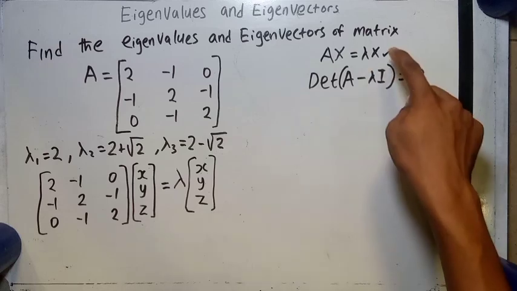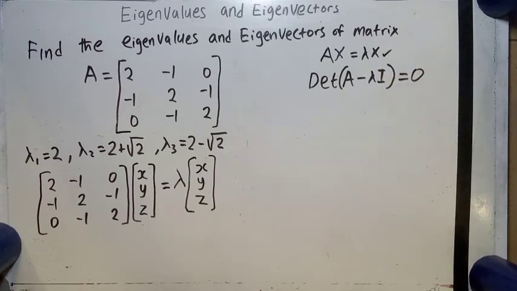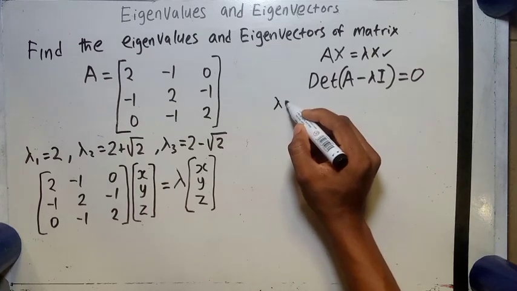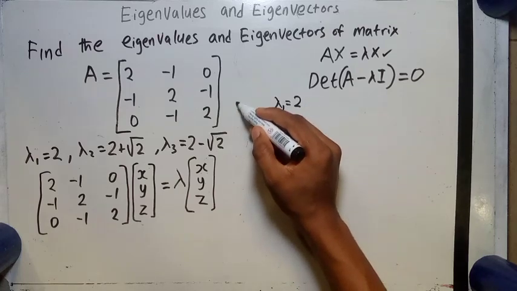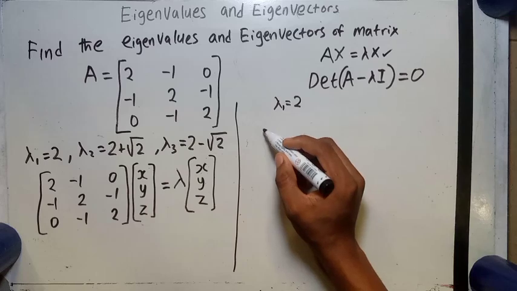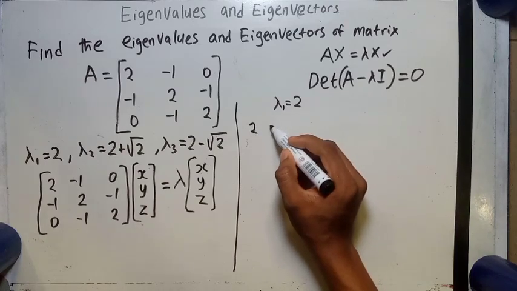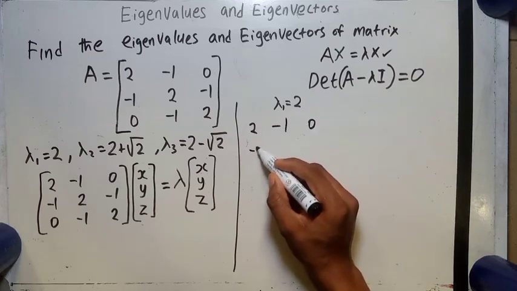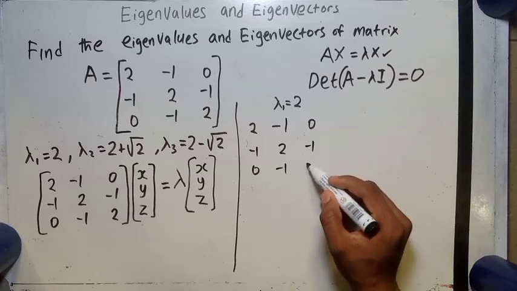I hope you know. Okay. Now, from here, when our eigenvalue is now 2, we'll be having 2 minus 1, 0, minus 1, 2, minus 1, 0, minus 1, 2.